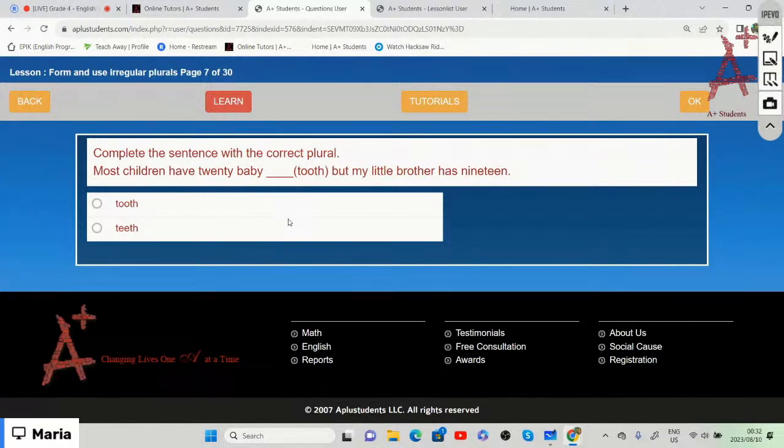And then most children have 20 baby teeth, but my little brother has 19. So tooth, do we say many tooth or do we say 19 teeth? So the plural form of the word tooth is teeth, right?